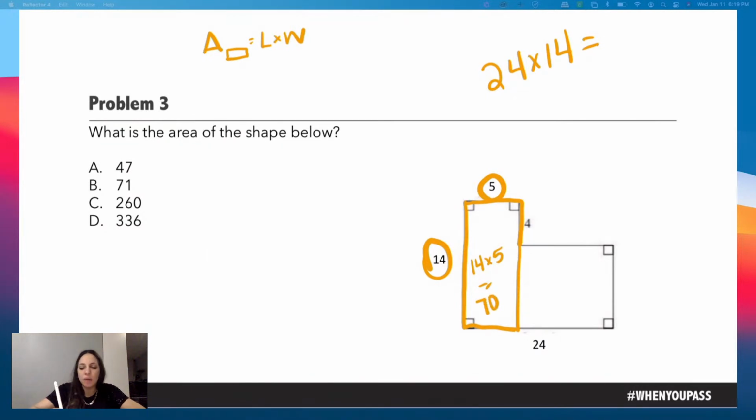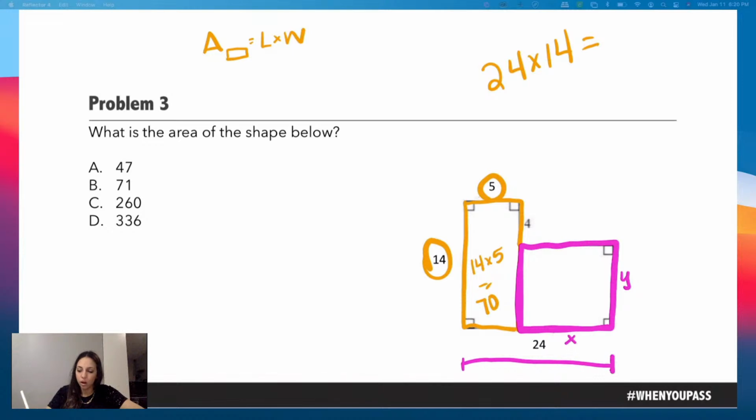Then I'm going to find the area of this rectangle right here. But that's a little harder because I don't have this side or this side, because this whole thing is 24 and this whole thing is 14.